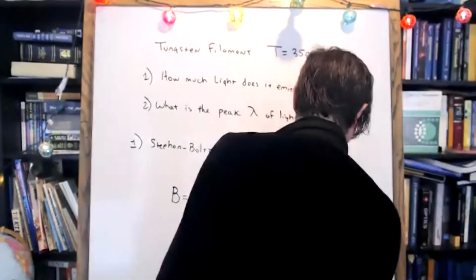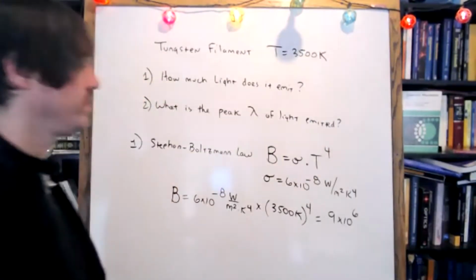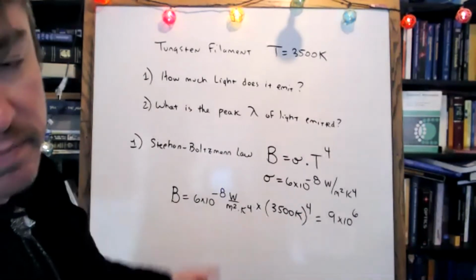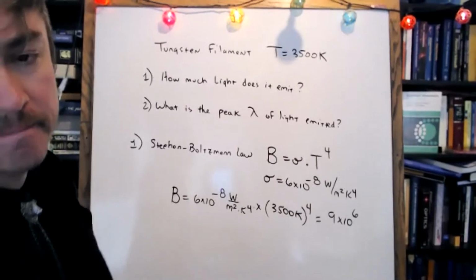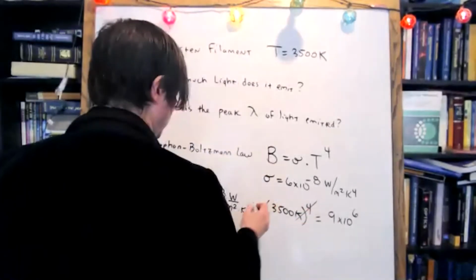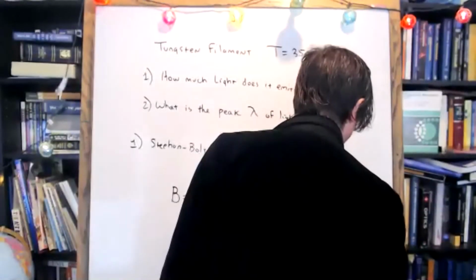Units? Is it watts per second? No. Do your unit balancing, Mateus. Watts per meter squared. That's right, because Kelvin to the fourth cancels with Kelvin to the fourth. This is telling you the brightness of the filament.